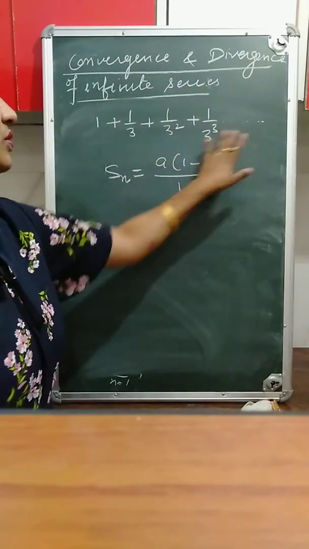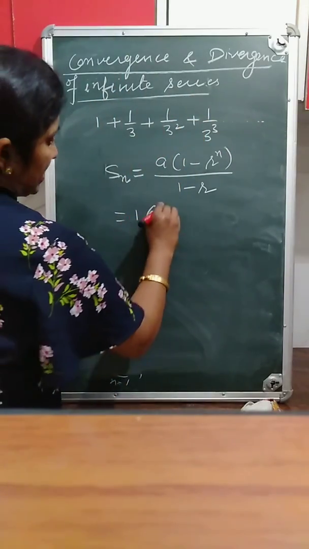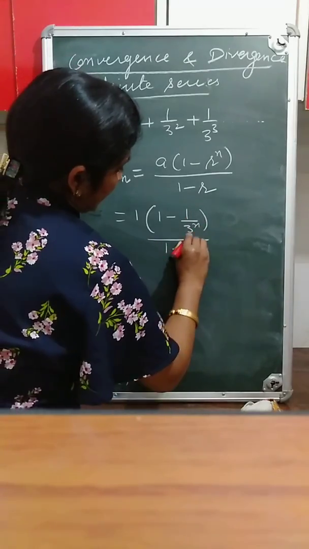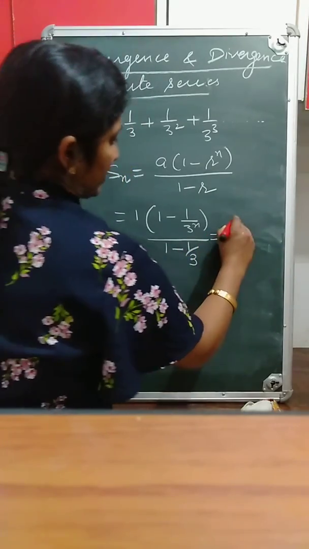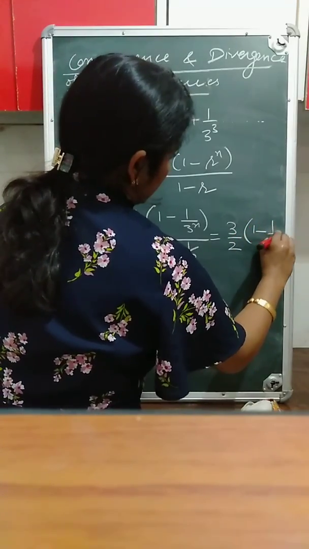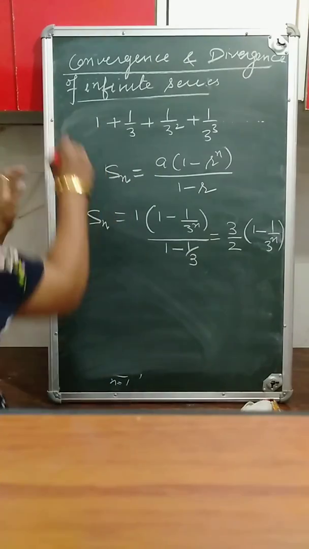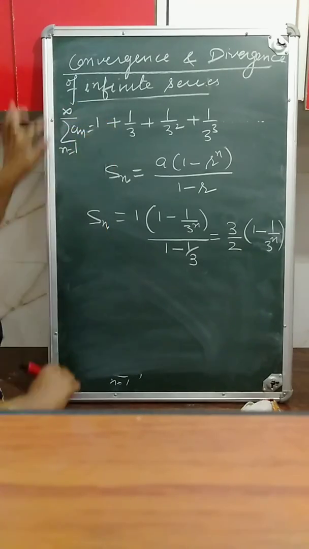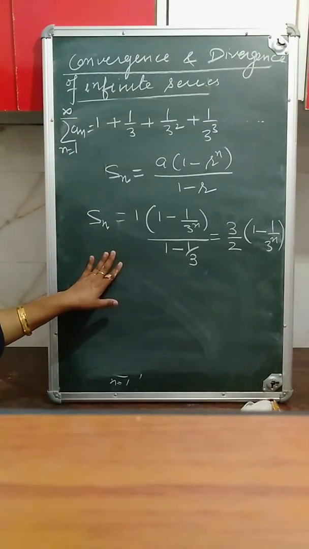So clearly, if you want to find the sum of the first n terms, it will be 1 into 1 minus 1 by 3 raised to the power n upon 1 minus 1 by 3, and that is 3 by 2 into 1 minus 1 upon 3 raised to the power n. So this is Sn, and we know that this series summation a_n, n is from 1 to infinity, will converge if this sequence of partial sums converges.